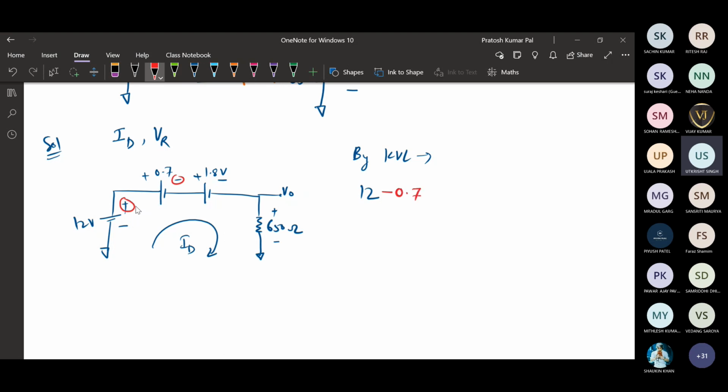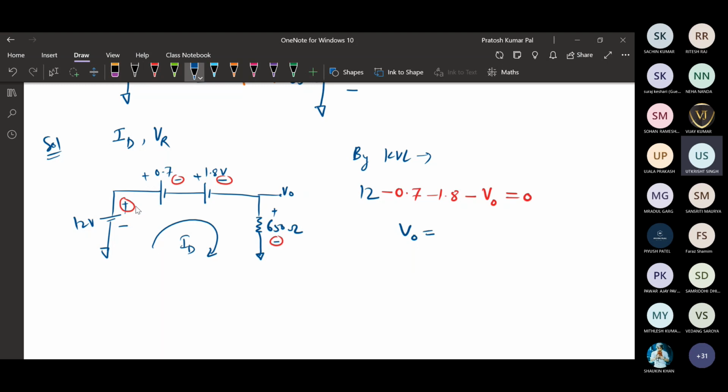This is again negative, so negative 1.8, and again exiting with the negative sign, so negative the voltage drop across this, which is V naught, equals 0. From there we can find out V naught.